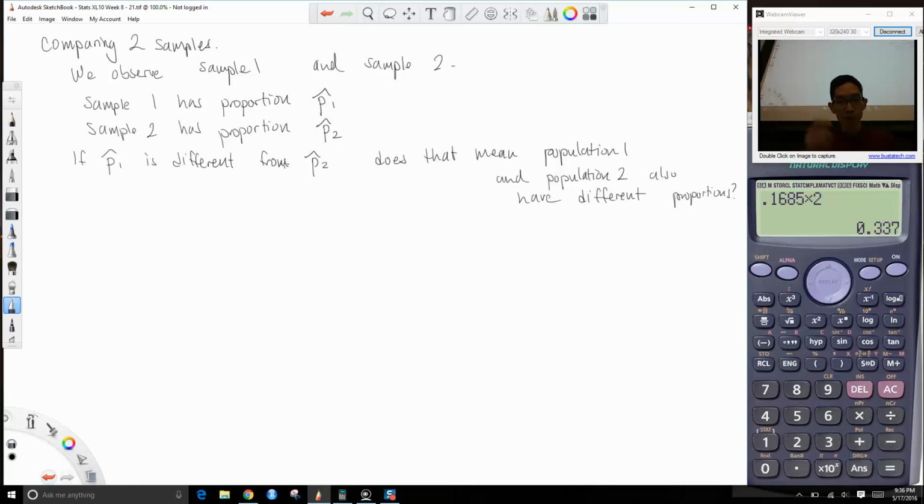Okay, so this is what we're going to do. We're comparing 2 samples. So if we talk through step 1 of creating our hypotheses, there's one nice thing here, is that the null hypothesis is always going to be P1 is equal to P2. Basically, we're saying population 1 and population 2 have the same proportion.